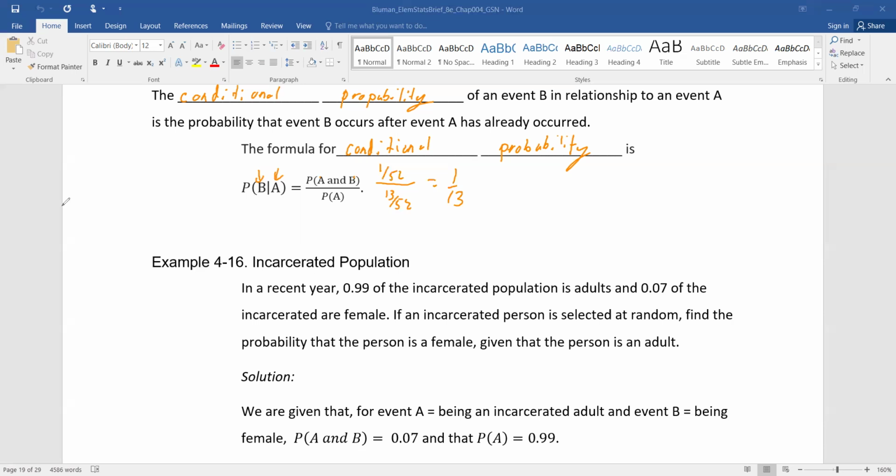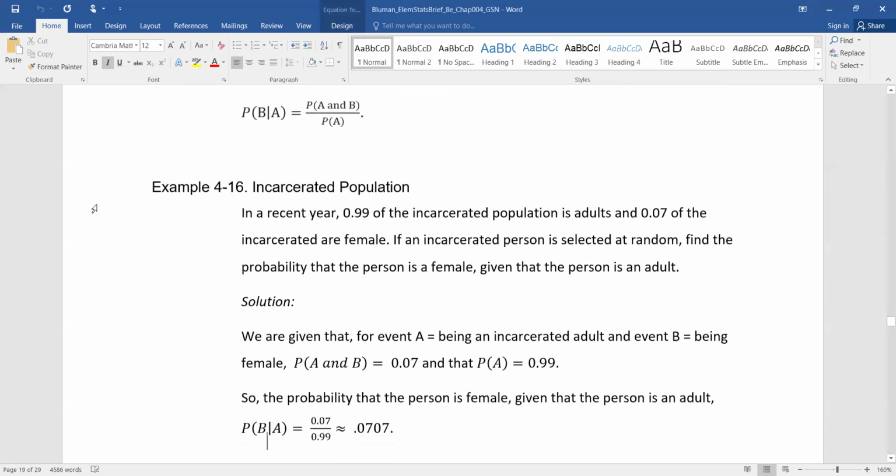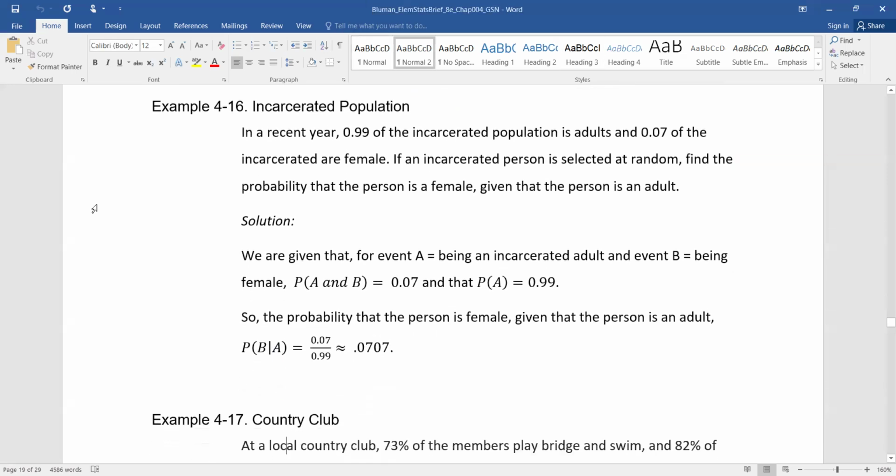All right, so let's see if we can get a better example of that. Let's look at example 16. So if we look at the incarcerated population, in a recent year, 0.99 of the incarcerated population is adults, and 0.07 of the incarcerated are female.